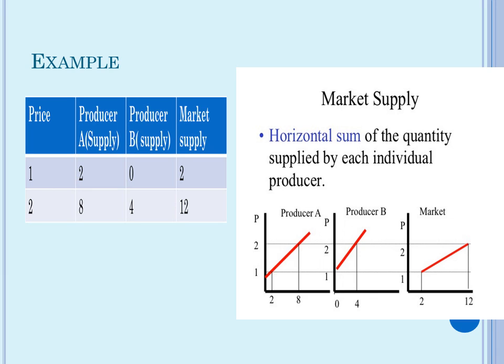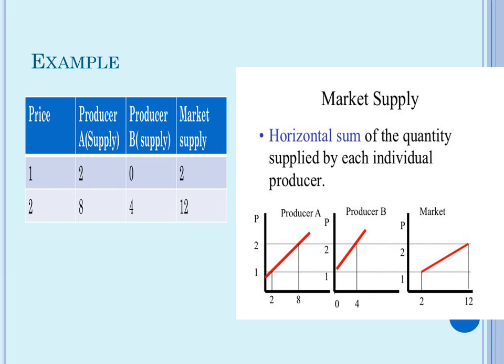When we represent it on a graph, we get the market supply curve. So this is a market supply curve. It is a horizontal summation of all individual supply curves.